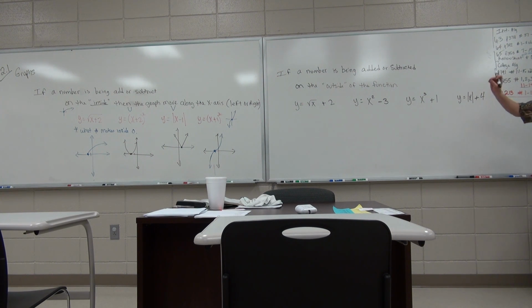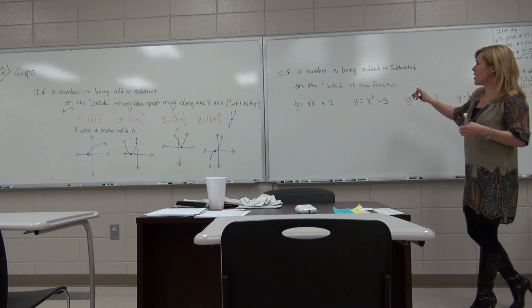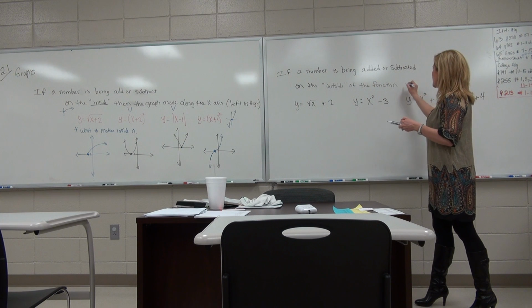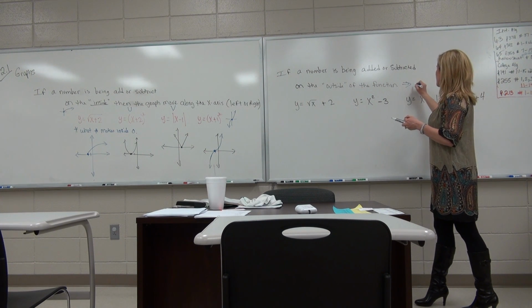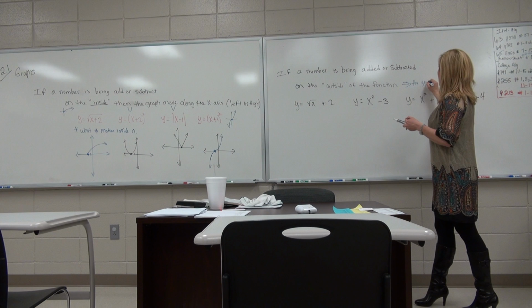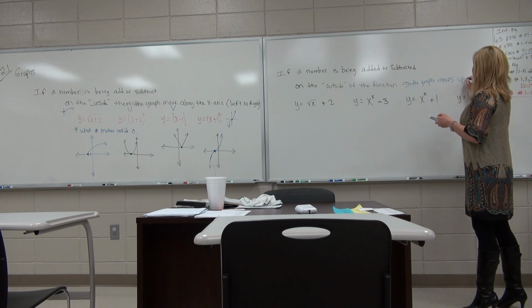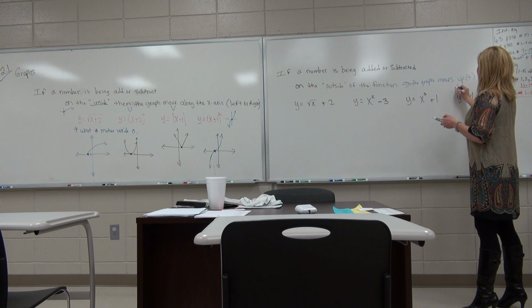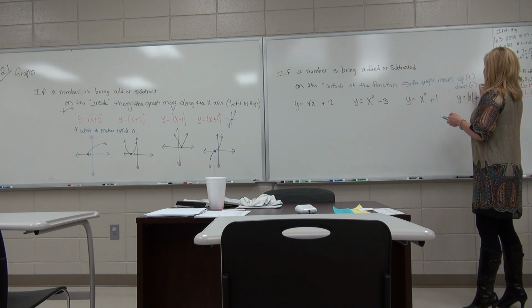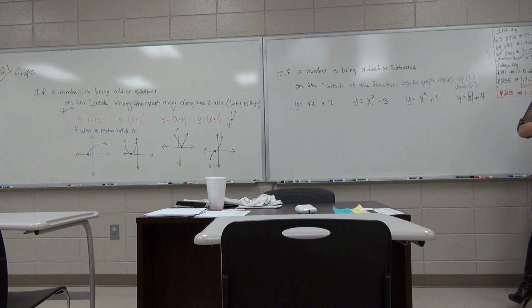Okay? Do you see where you have your basic function and then this other number is being added or subtracted? So the number is being added or subtracted on the outside of the function. This is when it's going to be moved up or down. The graph moves up if you're adding, and it'll move down if whatever number is being subtracted. Kind of exactly what you would think it would do.